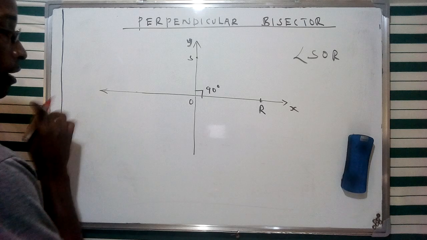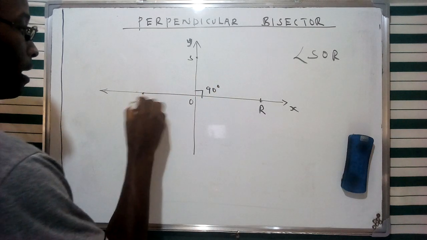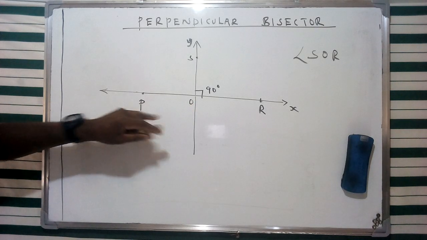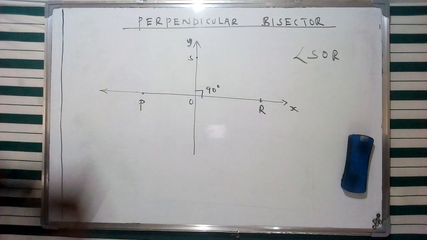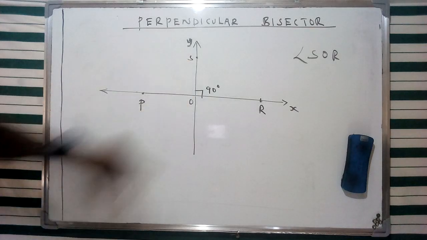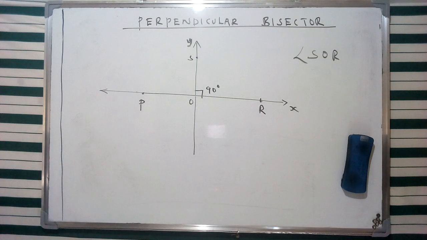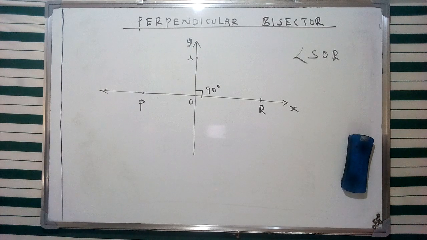Now, in this particular case, if I consider this x-axis as a line, I'm going to have this one extension in the negative direction and have a point P, and therefore I'm going to form OP as another ray which is going to be extending in the opposite direction. Now, we can describe the line OS, or line Y, as the perpendicular bisector of line X, the X-axis.